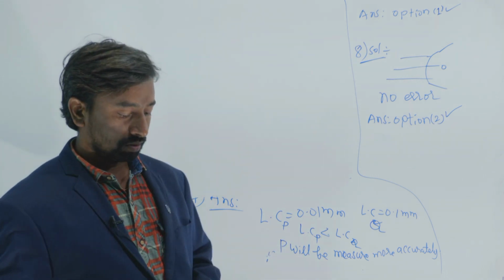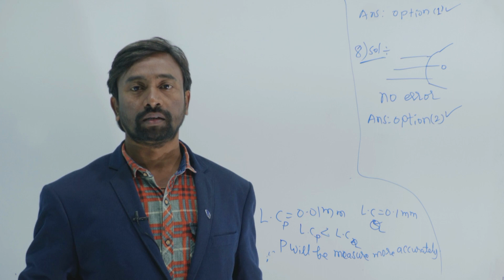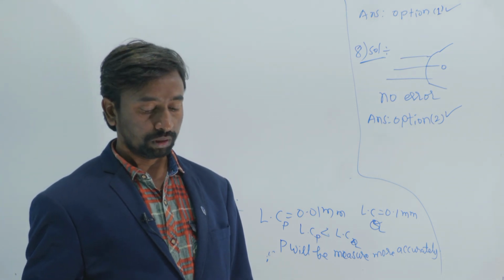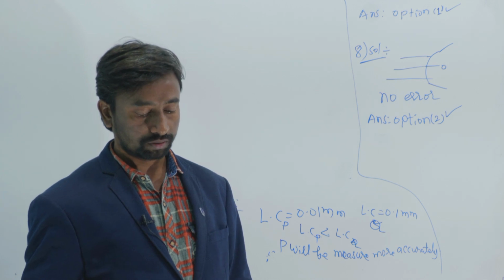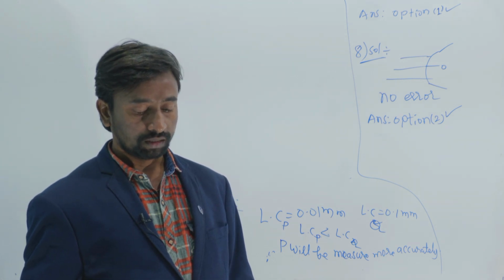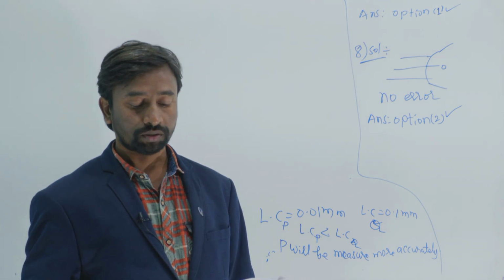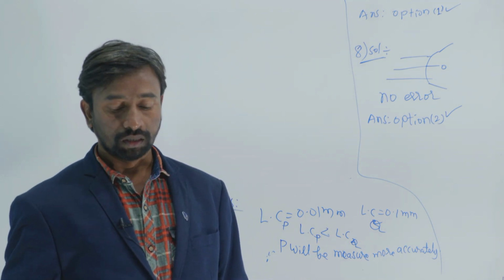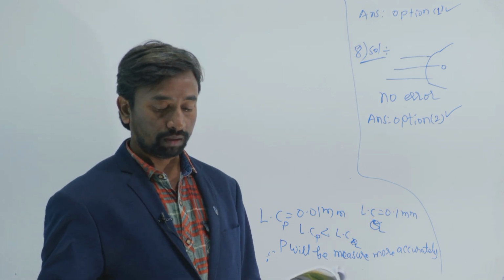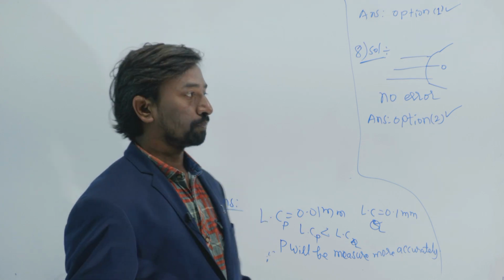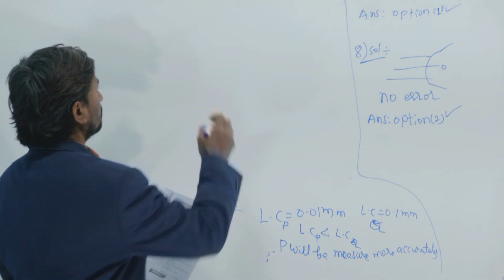In a screw gauge, when the studs are in contact, if the 0 of the thimble is below the baseline of the screw gauge, the screw gauge has dash error. Okay. In a screw gauge, when the studs are in contact, if the 0 of the thimble is below the baseline of the screw gauge. So here it is given like this.